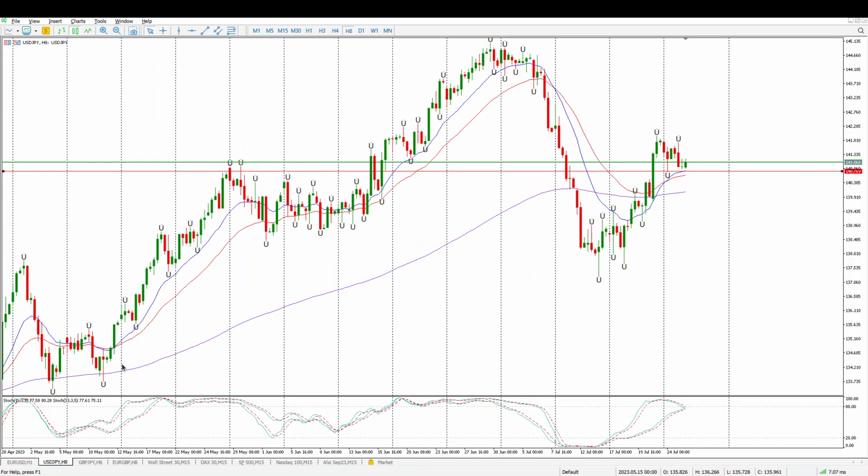So US dollar, Japanese yen, pretty much the same scenario here. You can see we did pull back onto structure, but looking at the oscillators, that could be continuation down. Now, the bearish view here is it's a strong move down, then a flag, let me show you what I'm talking about. So this was a flag, so you would have expected it to break to the downside.